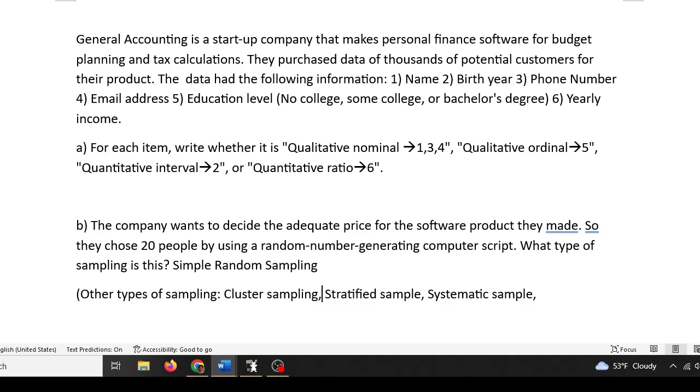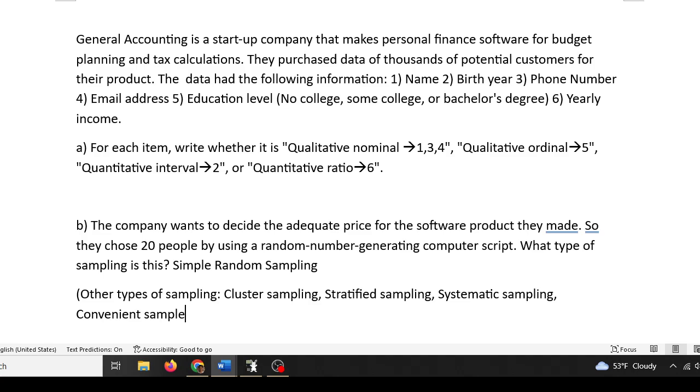And then there's also convenience sampling, which is you just do whatever is easiest. So with convenience sampling, you don't really care about whether your sample is going to be a good representation. You just want some sample.